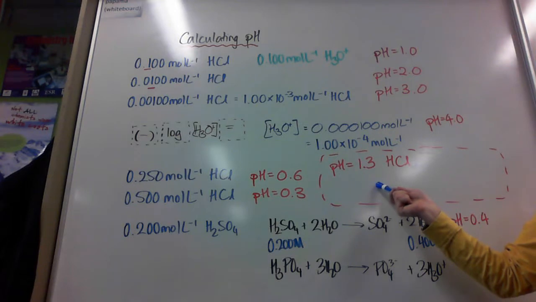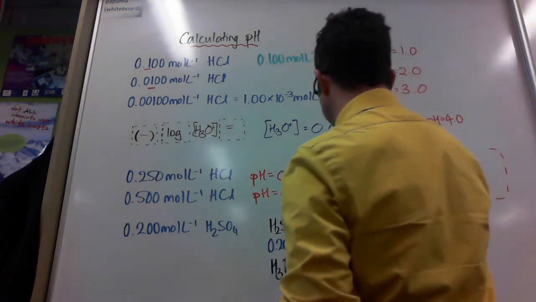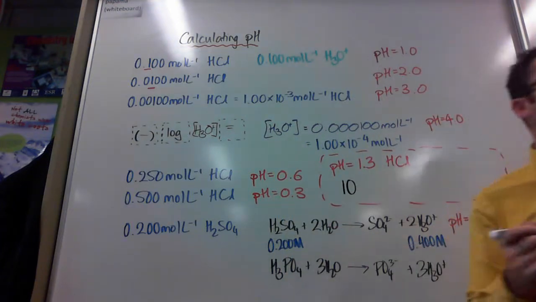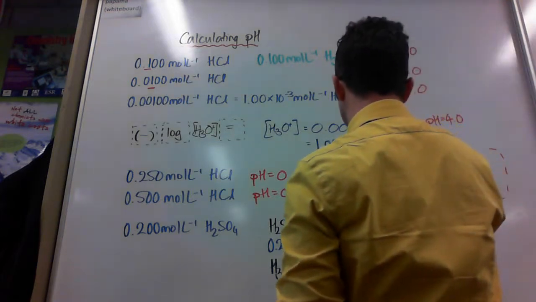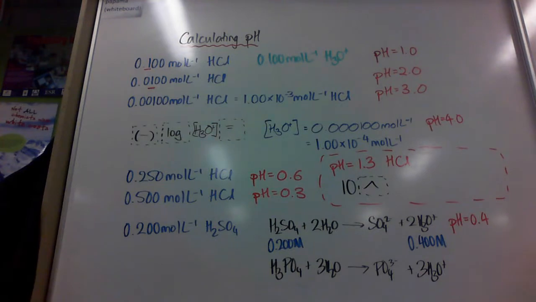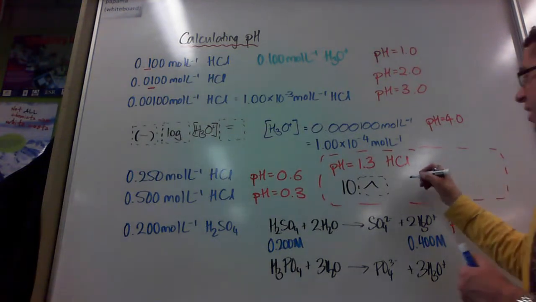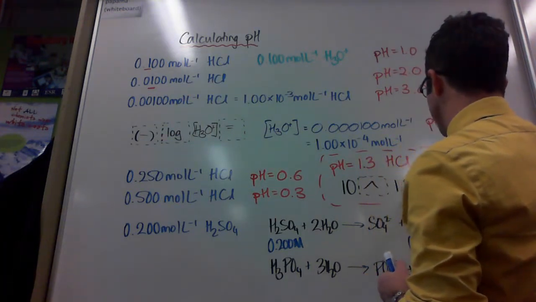That's a bit of a nonsense number. So what we write is 10, put the number 10 in, and you should have a button that is to the power of, so you should have a button that looks like that. If you're working on a computer, I think it's Shift 6 or something like that.